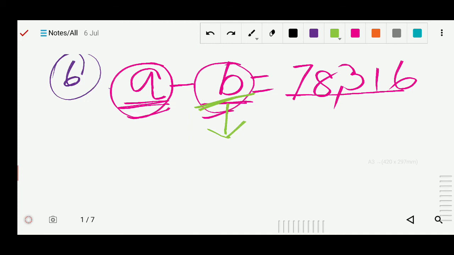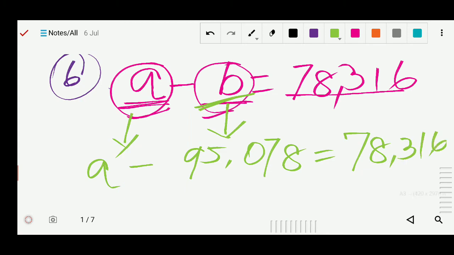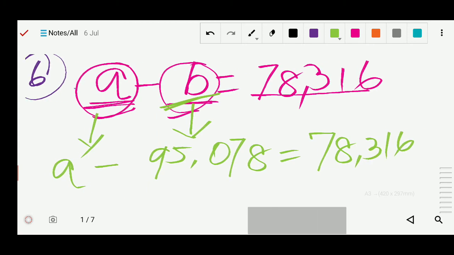This is given, 95,078, and this is not given, and we subtract, and we have to get 78,316. Okay, so now how will we solve this?